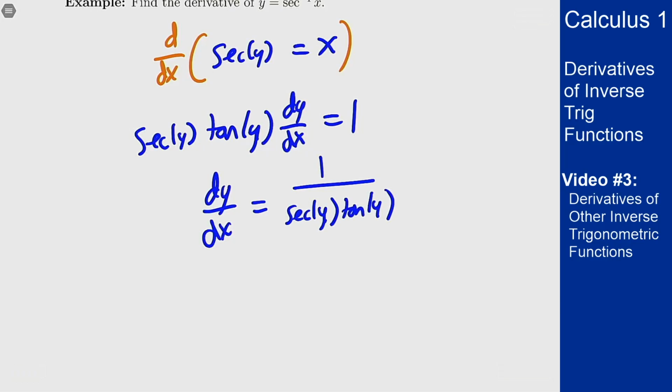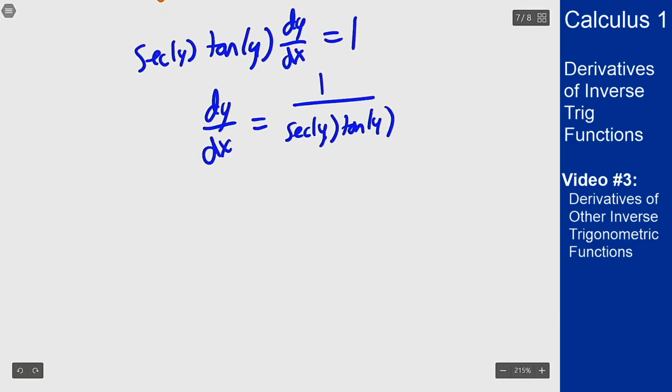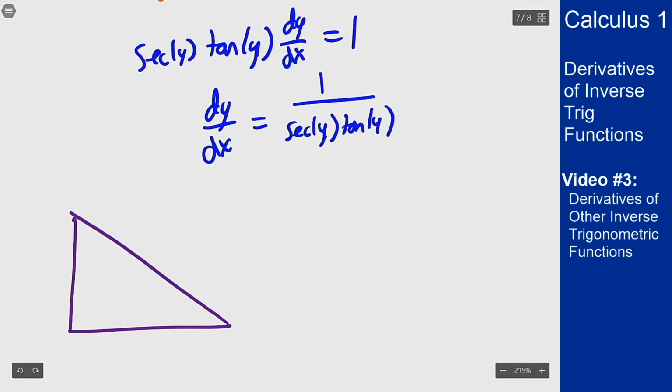And again, we always use a triangle to convert this back to x's. Let's build the triangle. Again, y is our angle. And secant of y is x, which is hypotenuse over adjacent. So x over 1. So the opposite side is root x squared minus 1.